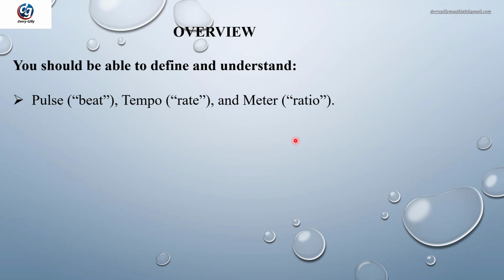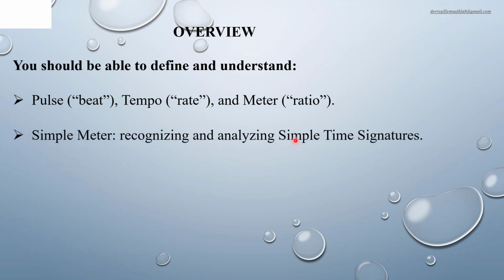And then you should also recognize and analyze simple time signatures, that is a simple meter. You should be able to recognize and analyze them by grouping them into pulse, first division, and subdivisions, and then they must have equal beatings or be divided into two equal proportions.